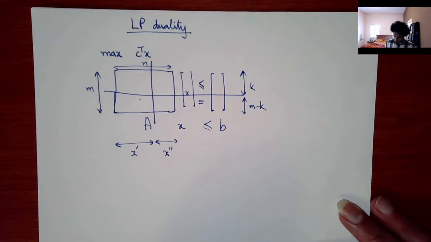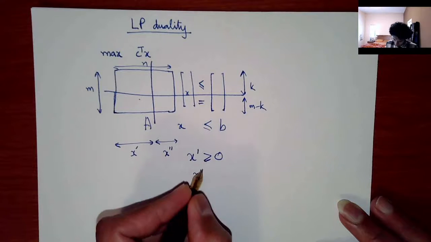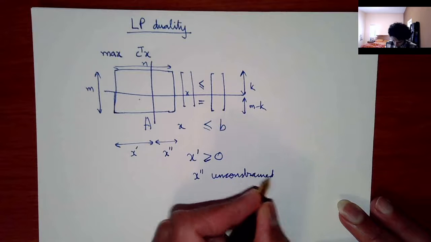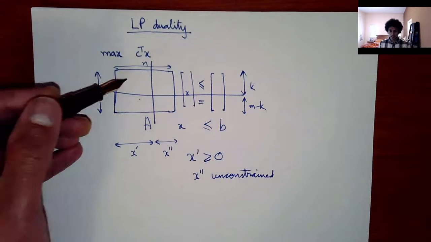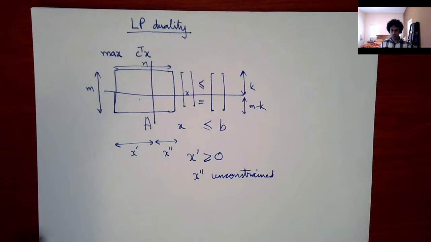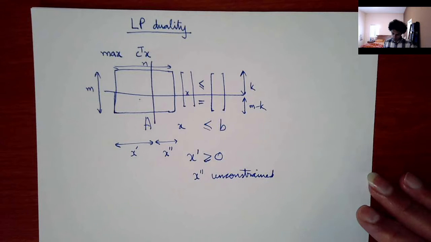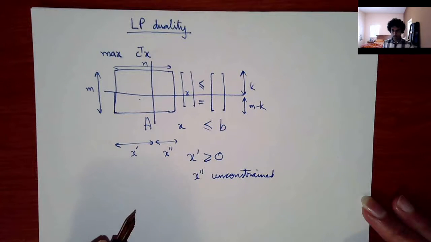X prime is greater than or equal to 0, and X double prime is what's called unconstrained. Of course, it doesn't mean that X double prime has no constraints within, but it just means that in the linear program, the only constraint on these variables is that X prime is greater than or equal to 0. Any questions about that?